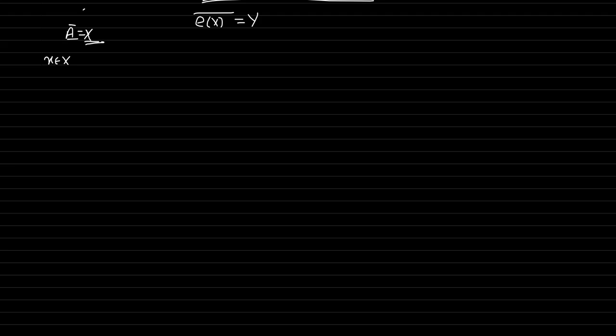Therefore, every element is a limit point of A and hence A closure equal to Y and hence A is dense in Y. This is the step we are following to prove E of X closure is equal to Y.